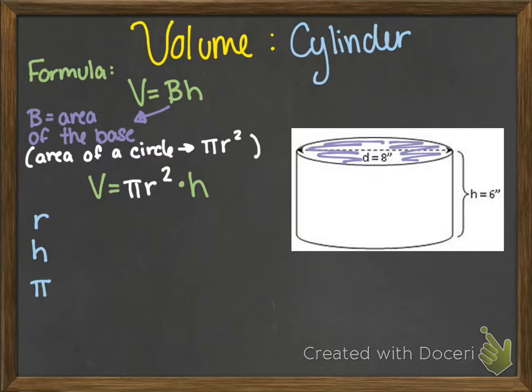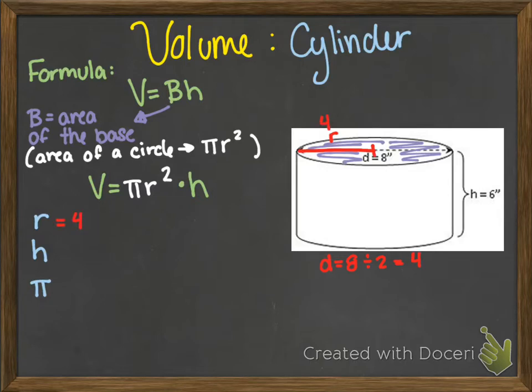Now keep in mind that when we're looking for this, we want the number that goes halfway through the circle, not all the way. So if I want the radius, I would have to take my diameter, which is d, it tells me it's 8, and we have to divide that by 2 to get my radius. When I do that, I get 4. So my radius for this example is 4.